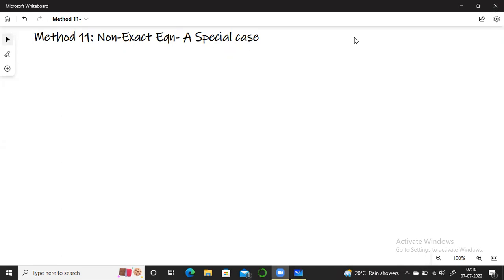So method 11 in non-exact equations has a very simple form: M(x, y) dx plus N(x, y) dy is equal to 0, which is non-exact.